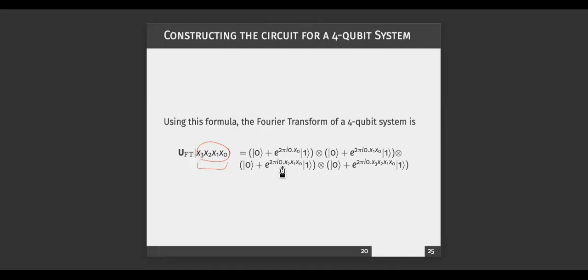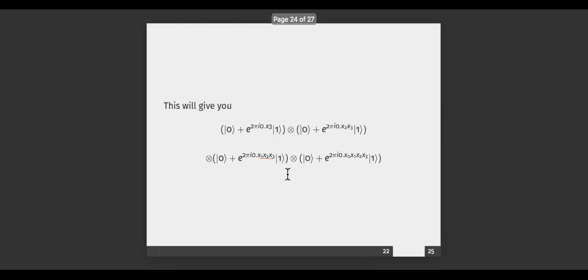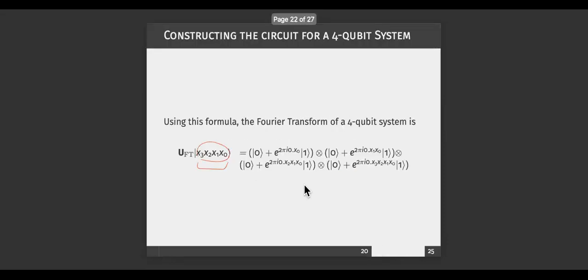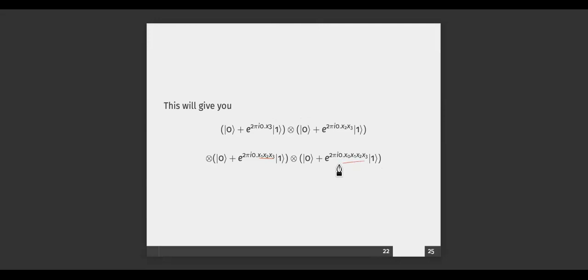What you will see is that this one here is the reverse: x3, x2, x1, x0, and this one here is x0, x1, x2, x3. The ordering is reversed.